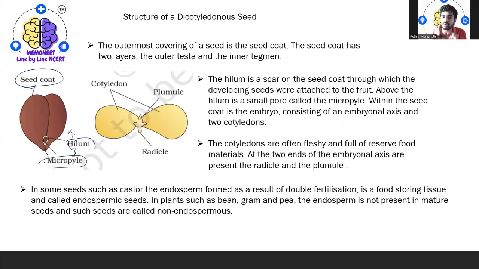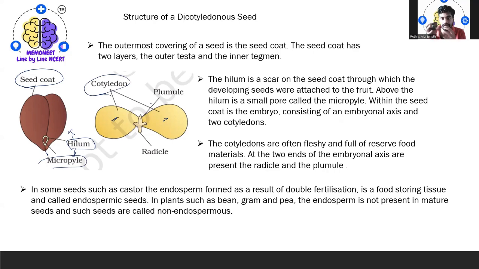Within the seed coat, the embryo is present, consisting of an embryonal axis and two cotyledons. Cotyledons are often fleshy and full of reserve food material.